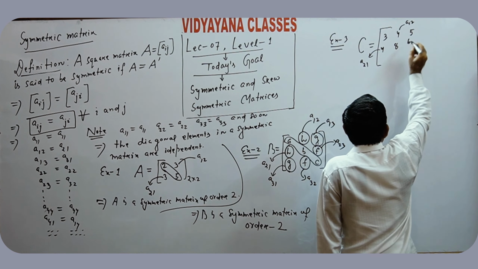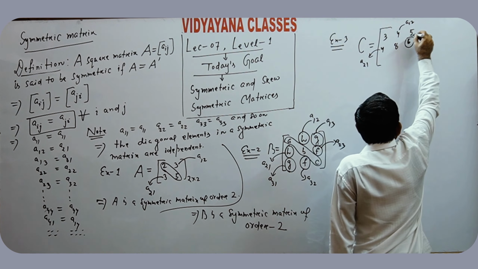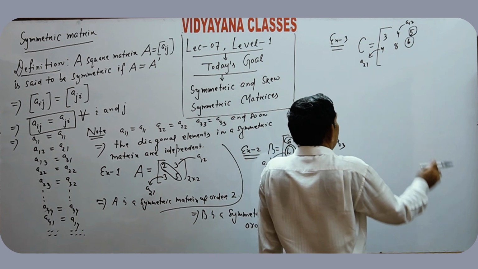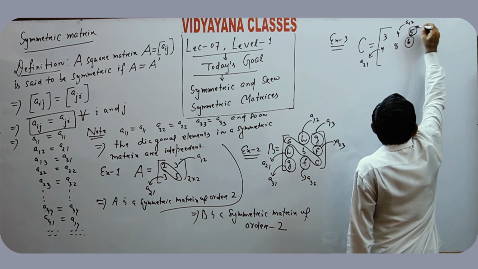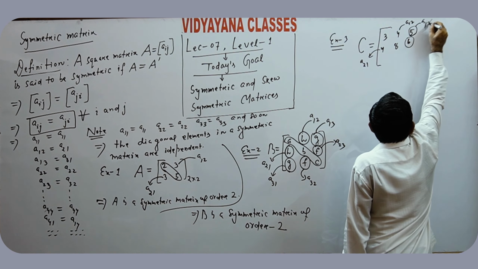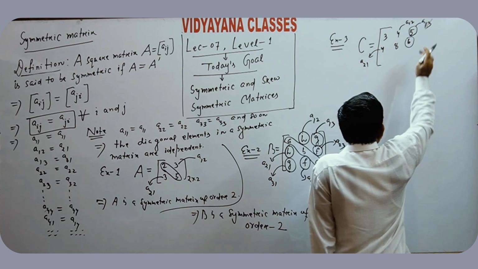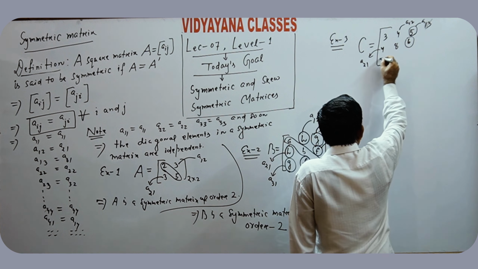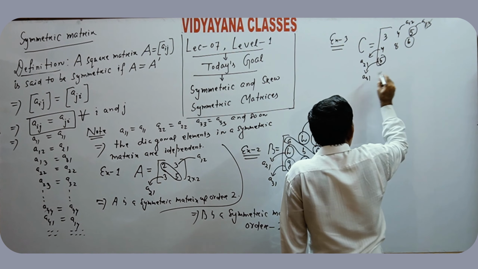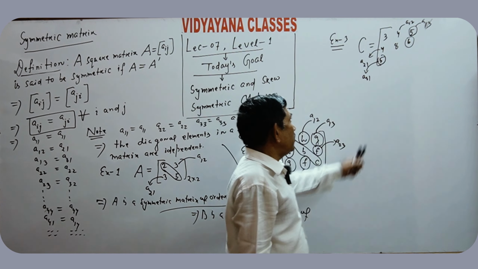Suppose it is 6. The element of first row and third column, A13, will be same as A31.